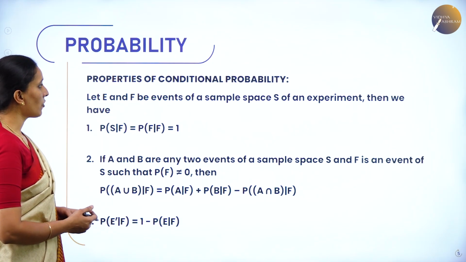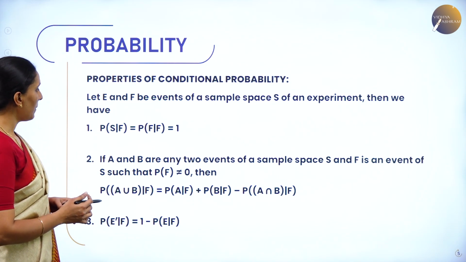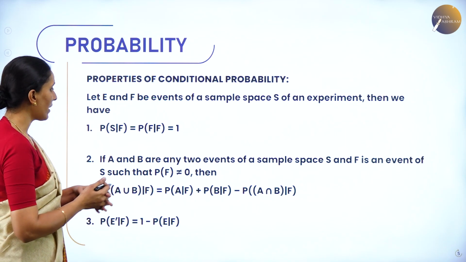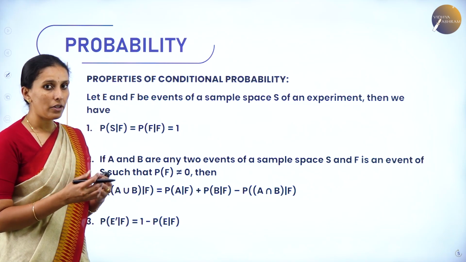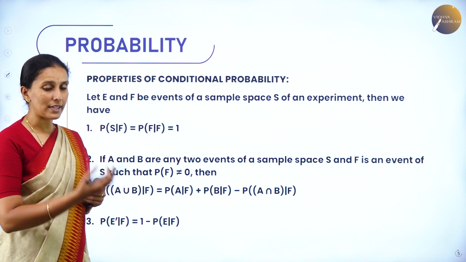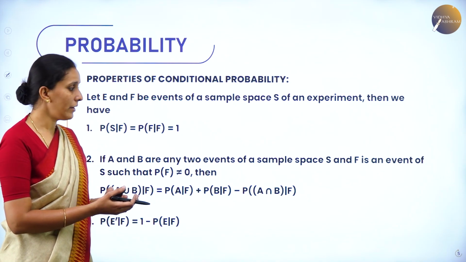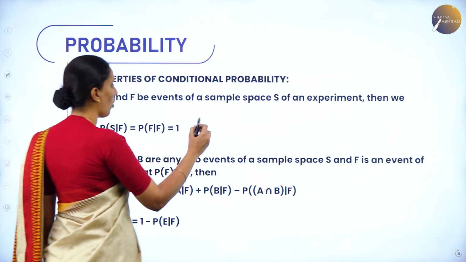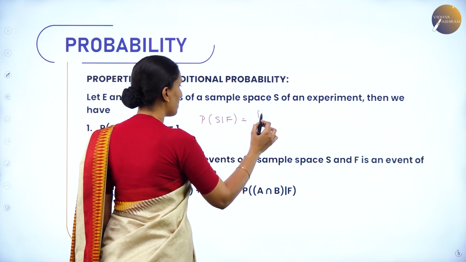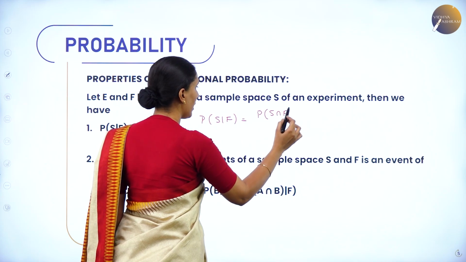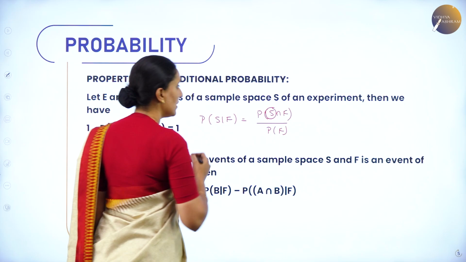Now some properties of conditional probability here. The first property is the probability of the sample space given F is an event, then it is equal to the value 1. So when you are calculating the probability of the sample space, F is an event which has already happened, then we know that probability of S given F can be written as probability of S intersection F divided by probability of F. We know that S is the superset.